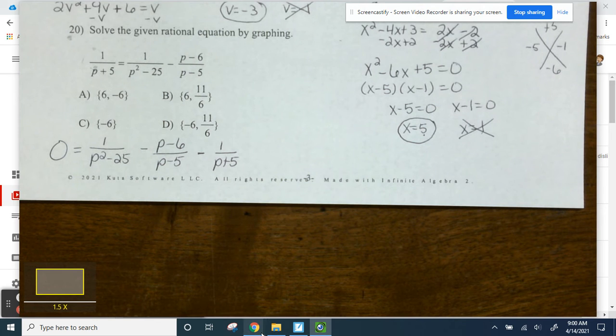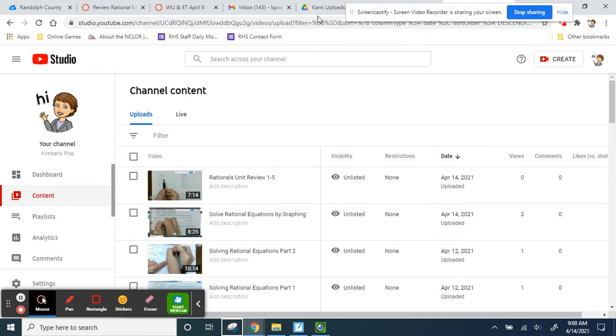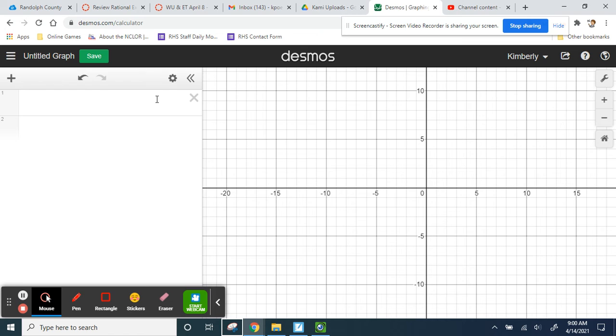Okay, we're going to go to Desmos and type that in. So let's go to Desmos.